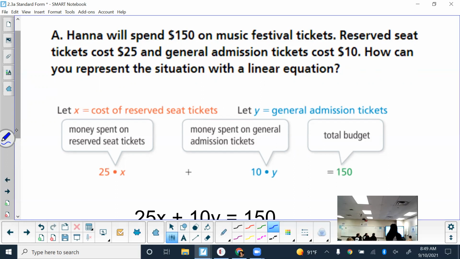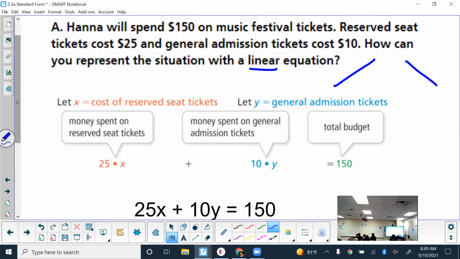So how can you represent the situation with a linear equation? All right, when we say linear equation, we're thinking of an equation that makes a graph that looks like this or like this, a straight line. Our mind usually goes to y equals mx plus b. All right, but when we're making the equations to solve, you'll notice that it usually looks like standard form. So fill in these boxes on your paper.